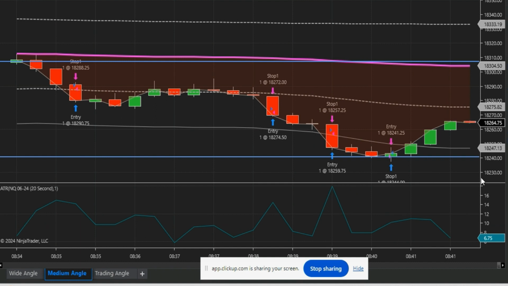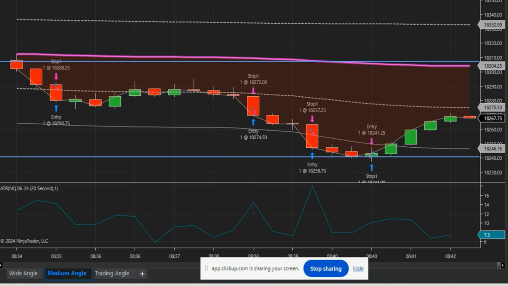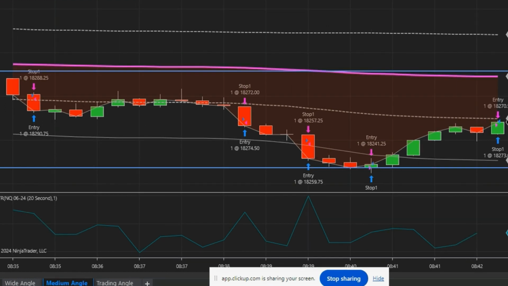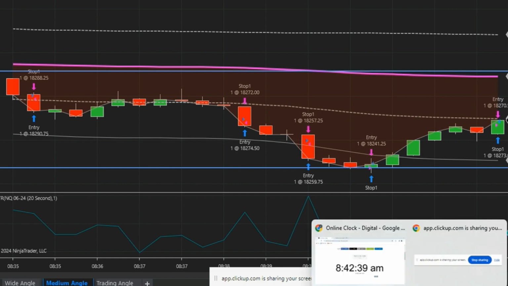You need a substantial amount of data. Mark Douglas used to say 25 trades was enough about a very specific thing. Not just your whole scheme, but one aspect of that trading system should be able to be looked at and adjusted with about 25 trades. Yep, so I think that's about it.